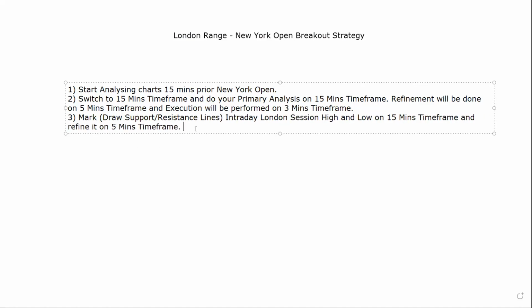All right. Now the next step would be, after you're done with it, what are you going to do? Can you tell me? Draw the Schematic, Wyckoff structure, and determine the bias of the New York session, right? Yep. Okay.